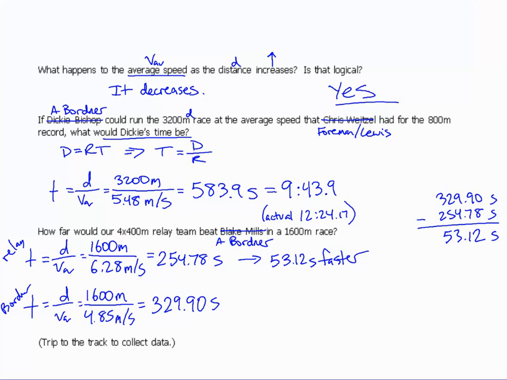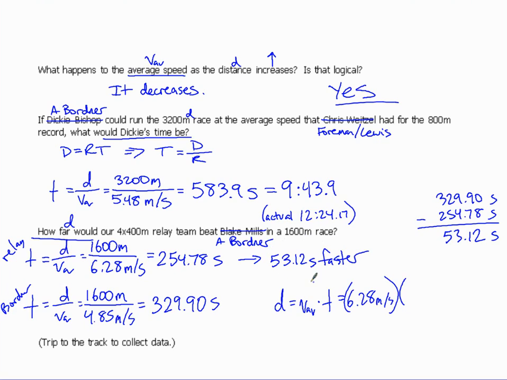So if they were trying to outrun them, how much farther ahead would they be if they had continued running around? How much farther ahead would they be? What we're going to use is their average velocity, because these are the winners, 6.28 meters per second.